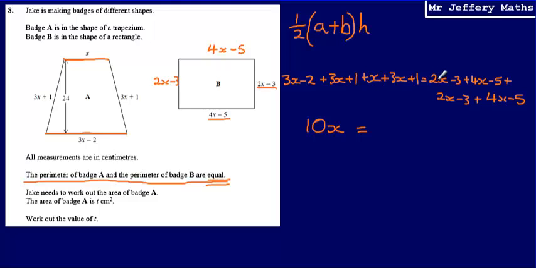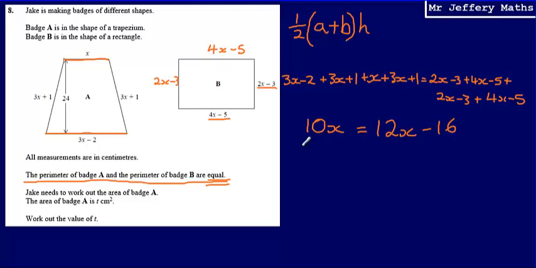And then this expression here, 2x plus 4x plus 2x plus 4x, is going to give me 12x. And then collecting together negative 3 minus 5 will give me negative 8, negative 11, negative 16. So that gives me 10x is equal to 12x minus 16. All that's left for me to do is now solve this.